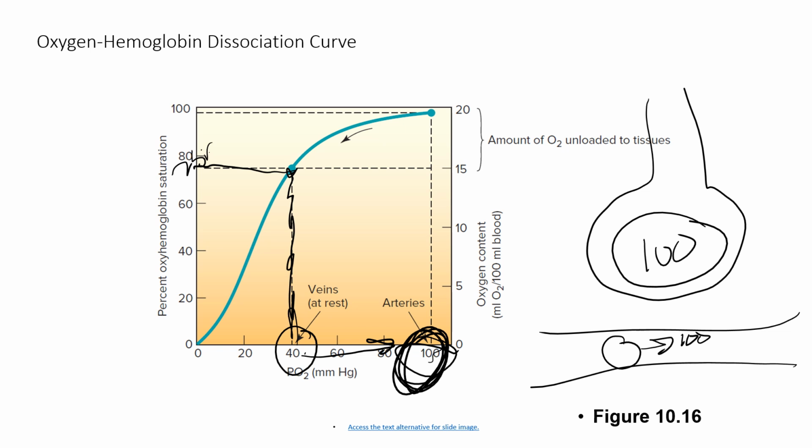Well, the oxygen will just diffuse right into the red blood cell, and it will drive the partial pressure of oxygen within the intracellular fluid right up to 100 as well. Without getting into all the intricacies of this, I can just promise you that when you change the partial pressure of oxygen within the blood plasma, you also change the partial pressure of oxygen within the intracellular fluid of the red blood cell.